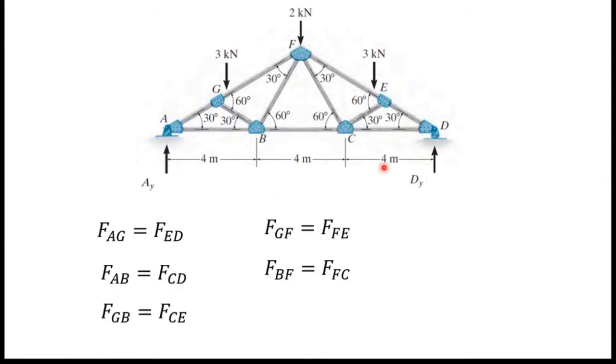Due to symmetry, I can say member force of AG equals member force of ED, right? Then member force of AB equals member force of CD. Member force of GB equals member force of CE.